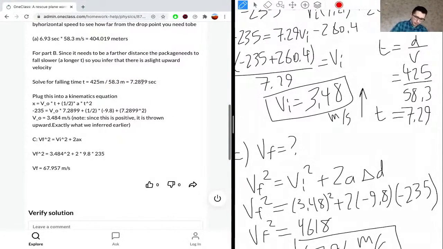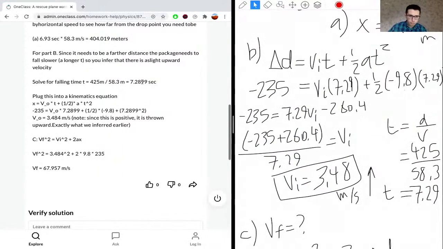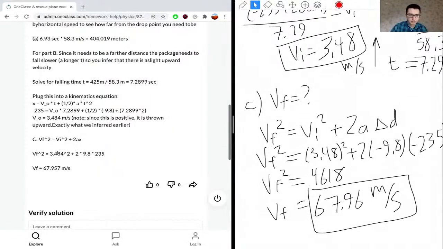So we have 7.29 over here, and then they use the correct kinematic equation to solve, and they get 3.48. So they get the right initial velocity, and then for part C, they use 3.48 and the right kinematic equation to get the correct answer of 67.96 meters per second.